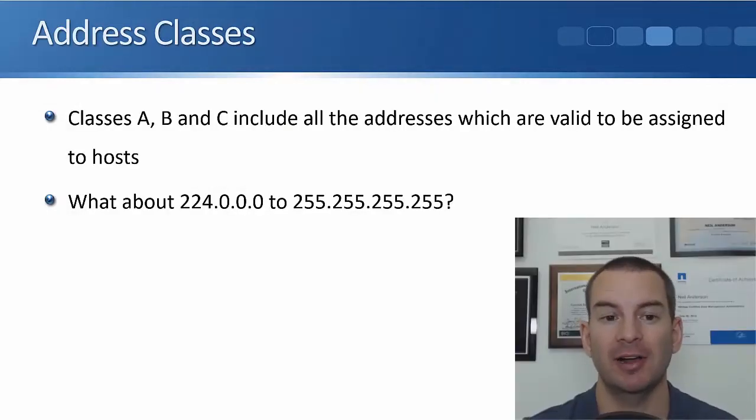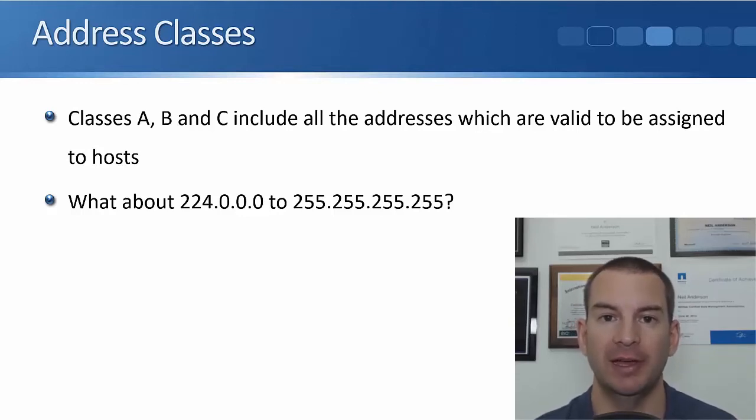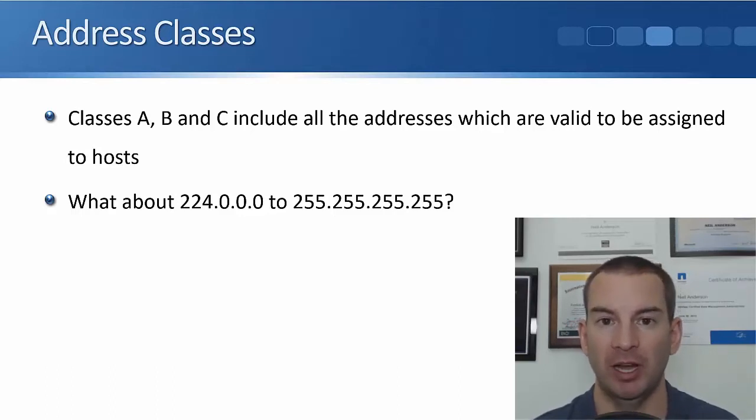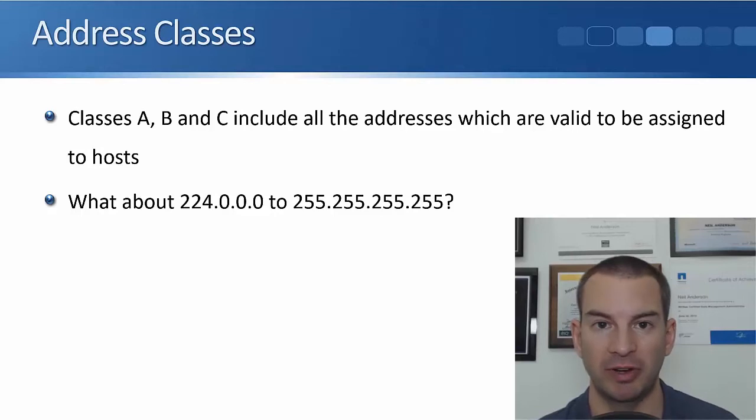So you saw in the last lecture that classes A, B, and C include all the addresses that are valid to be assigned to our end hosts. And those addresses went up from a 1 in the first octet up to 223. But you're maybe thinking, what about 224.0.0.0 to 255.255.255.255?